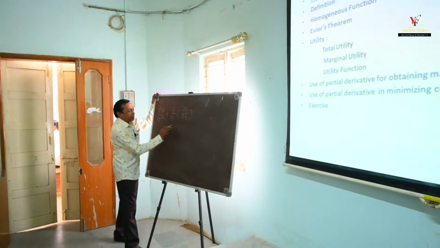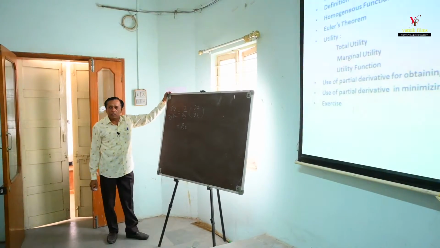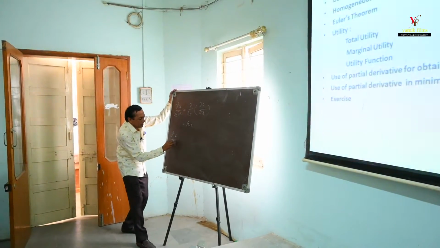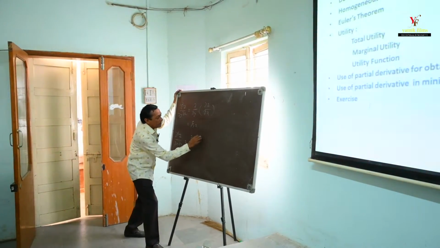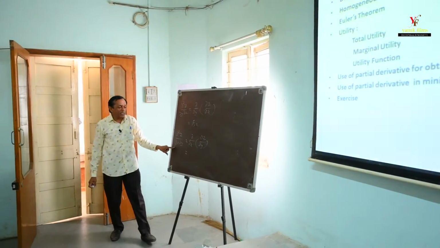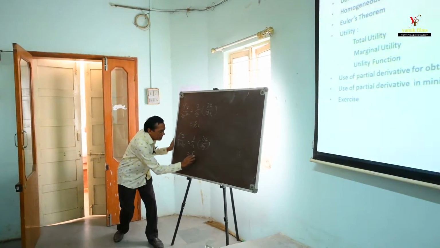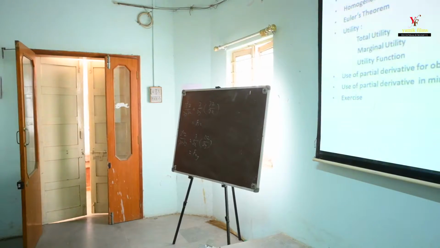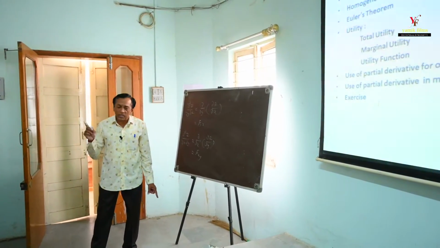We can write it as f yx. The second combined partial derivative with respect to x and y is f xy.